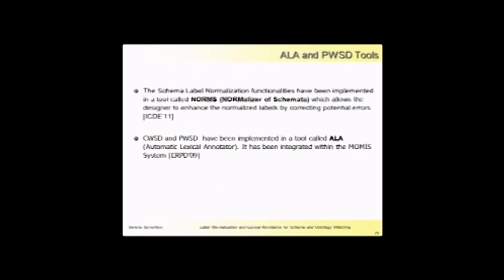All the methods I presented have been implemented in tools. The schema label normalization functionality has been implemented in a standalone tool called NORMS, Normalizer of Schemata. And the CWSD and the PWSD have been implemented in a tool integrated within the MOMIS system called ALA, Automatic Lexical Annotator.